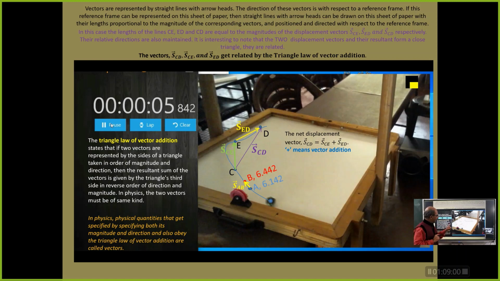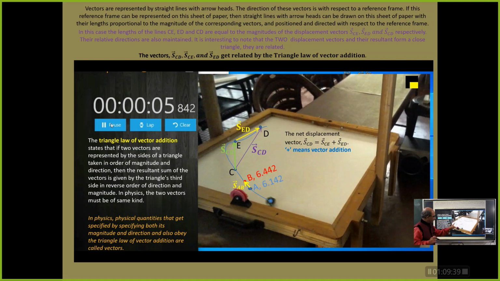Now you see these lines, CE, ED and CD, they are forming a triangle. So if you want to add SCE bar and SED bar, what is the resultant vector? Don't worry. Just represent SCE bar and SED bar by the two vector lines CE bar and ED bar.